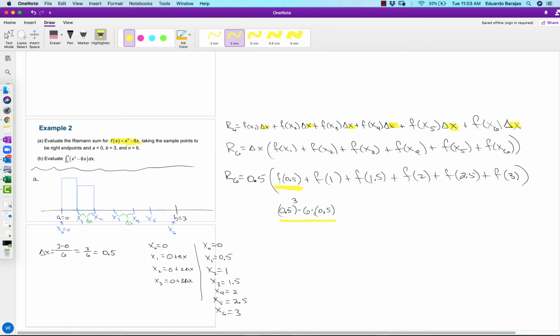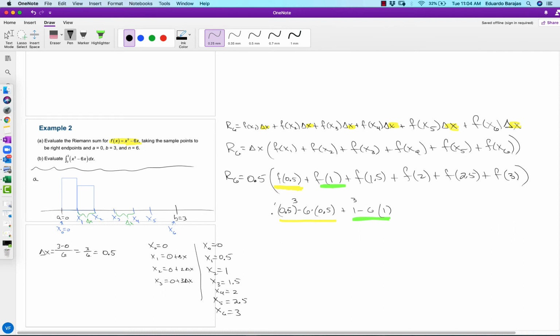Next, the next one is 1. So the next one is going to be plus 1 cubed minus 6 times 1. And that takes care of this one. And so we do that for all 6 of them.